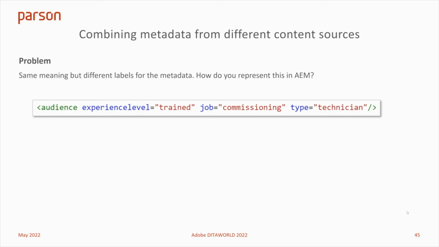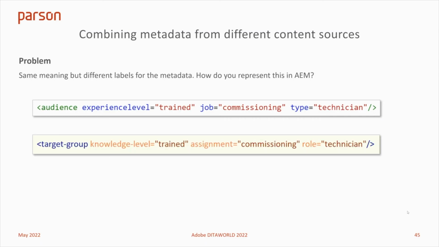And the very same metadata content could be encoded quite differently, but basically the meaning is the same. So how do you represent this in AEM without running into problems with two sets of metadata that basically mean the same but look completely different?